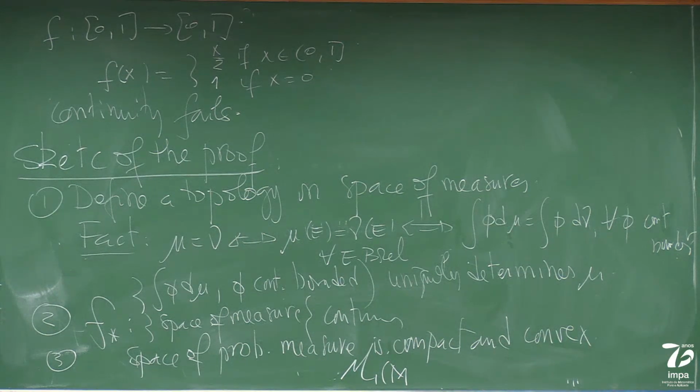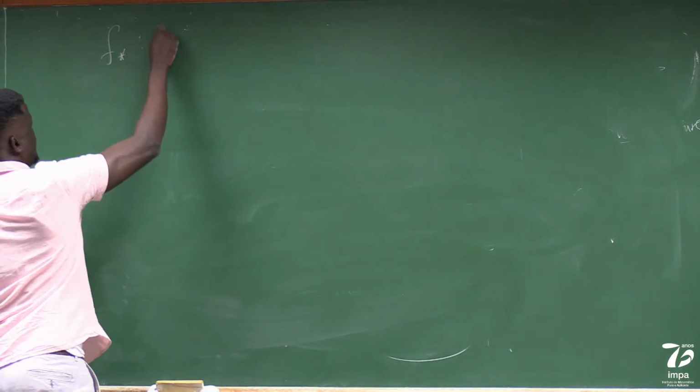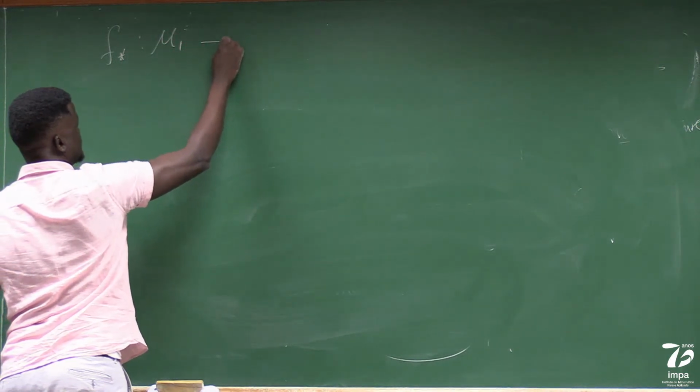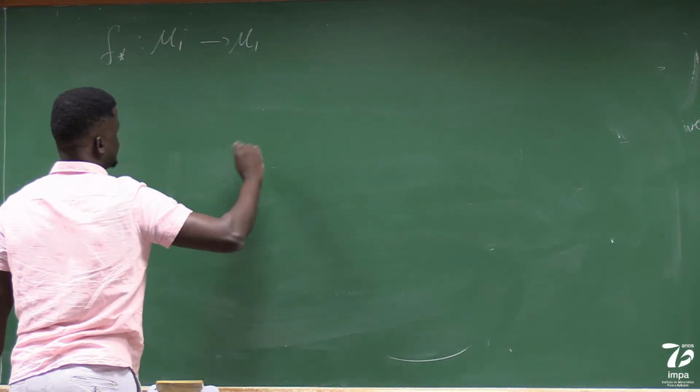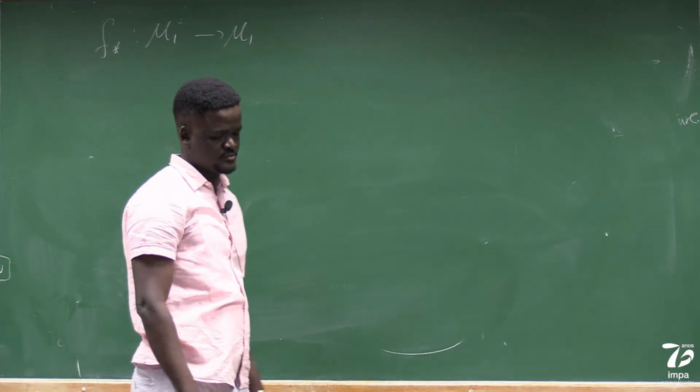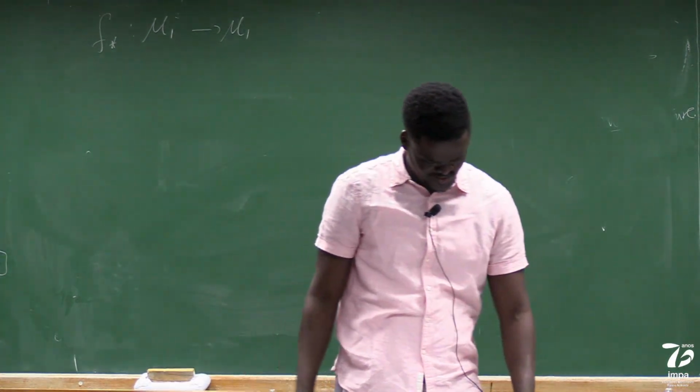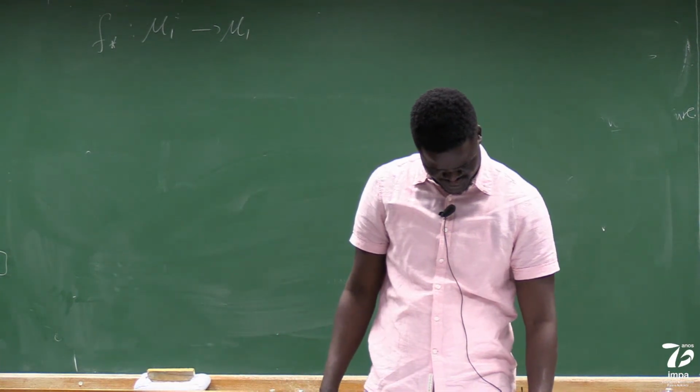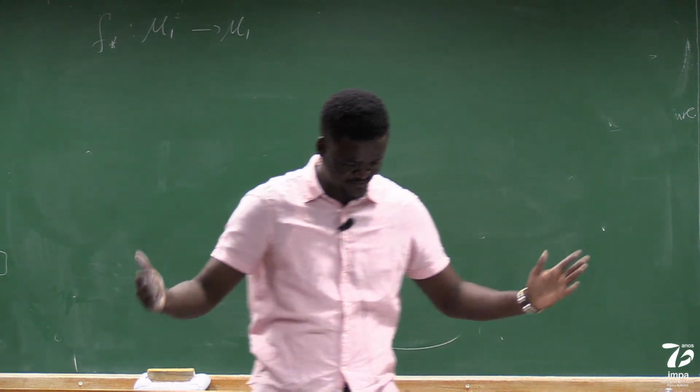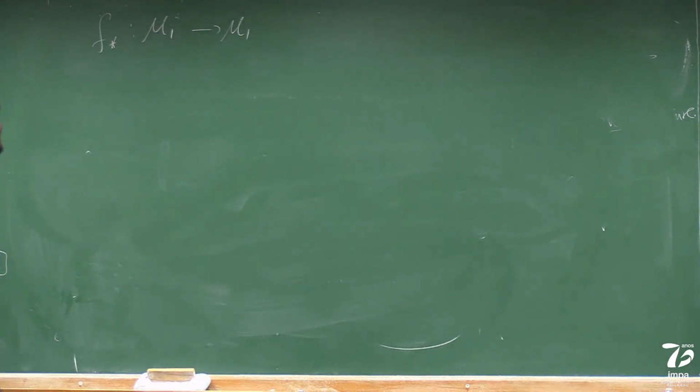So once you have it compact, there is the usual fixed point theorem that gives you that F star from M1 to M1 has a fixed point by, I always get the name wrong, Schauder or Tikhonov, it depends on who.